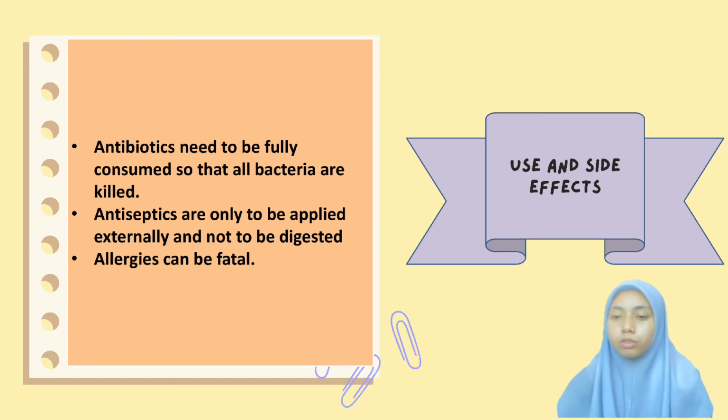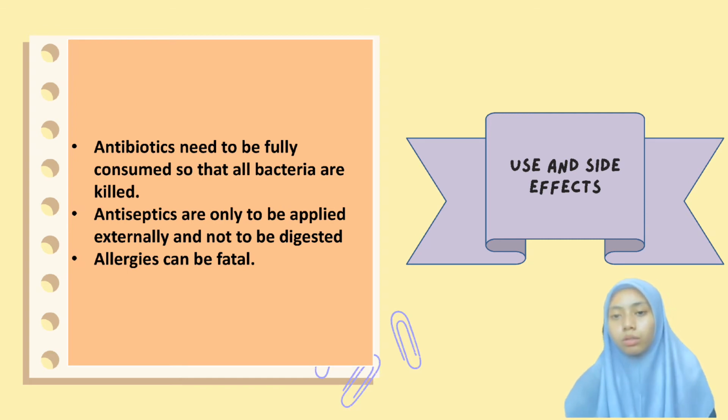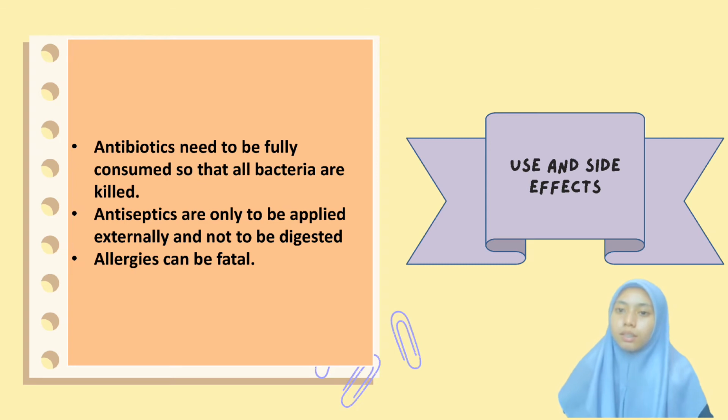Antibiotics need to be fully consumed to kill the bacterial growth, and antiseptics are only to be applied externally and not to be digested. Also, for people who have allergies, using these types of medicines can be fatal.